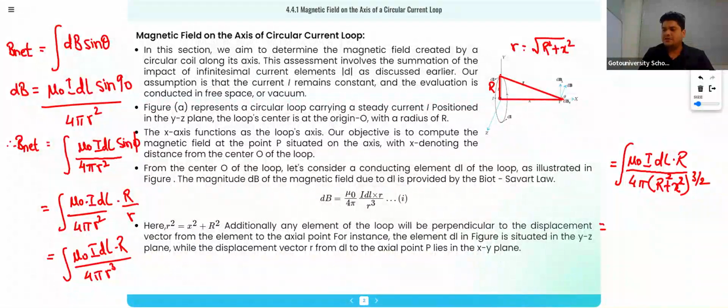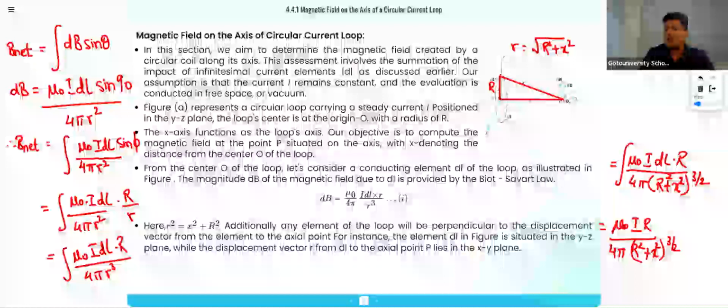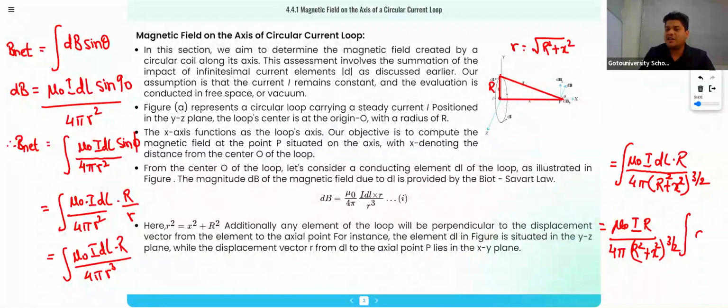Is anything constant here? Yes, we have mu naught constant, I constant, R constant, 4 and pi constant, R square and x square constant. What is not constant is the integration of dl.